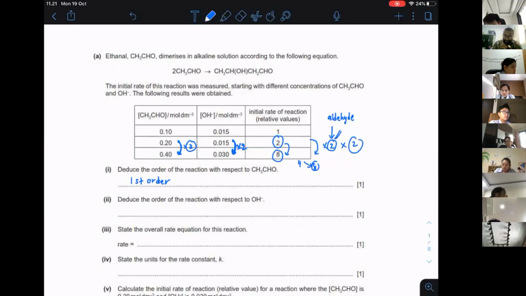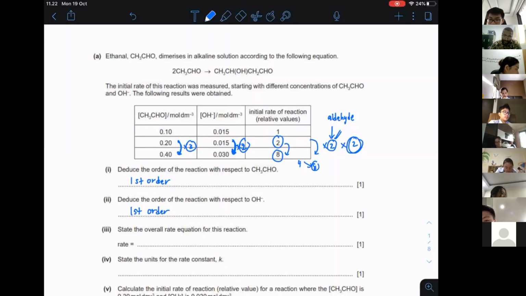So when this is double, this is also double, so that is going to be first order also. Can you understand, Lavi? Yes, sir. Jason, can you understand this?